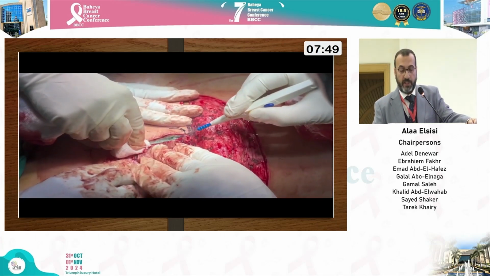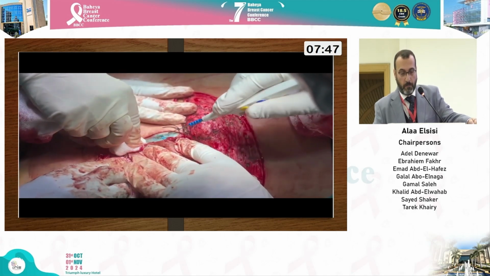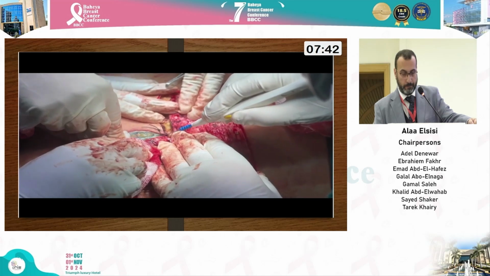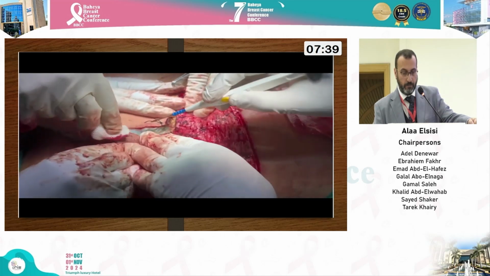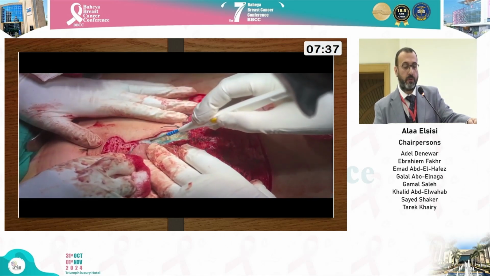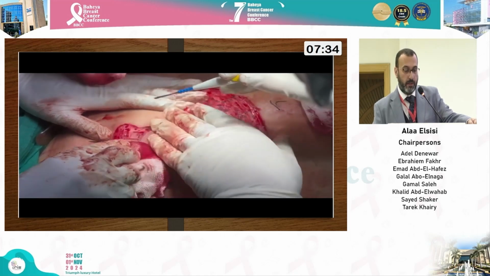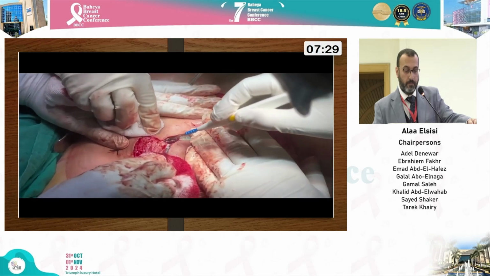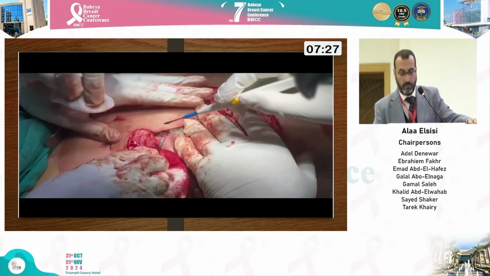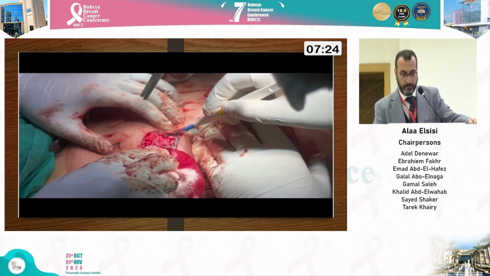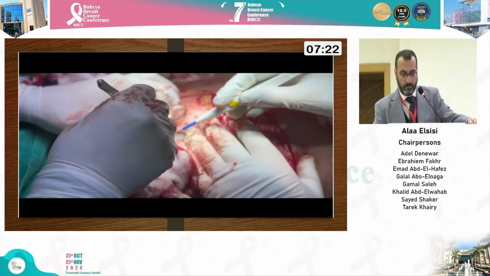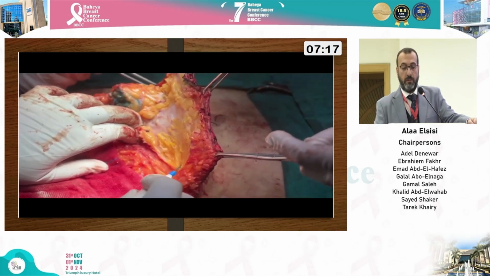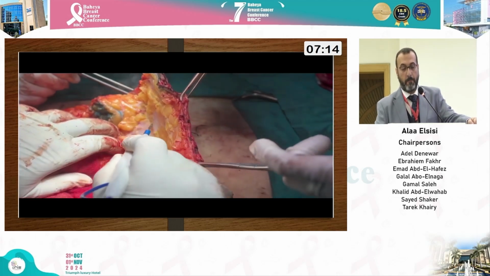Excision of the glandular tissue from the wise incision. Blue dye for sentinel lymph node identification. The lower dermal sling.